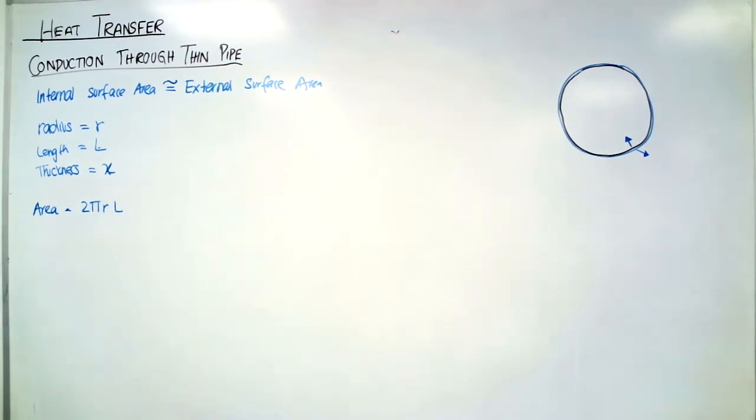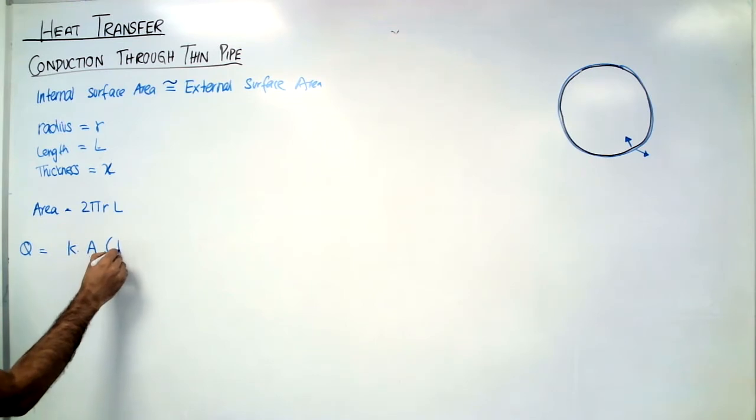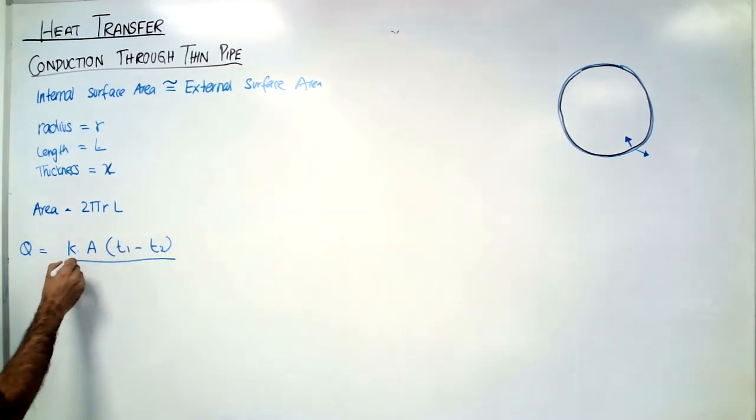Now, if I want to find the Q, the heat transfer per second, I have K A (T1 minus T2) over x, exactly the same formula.